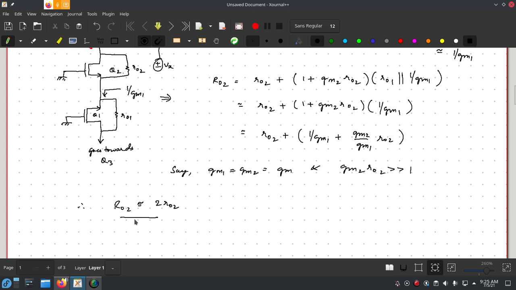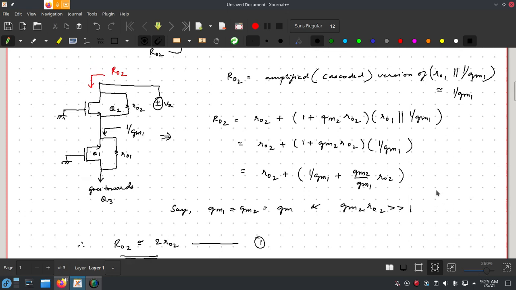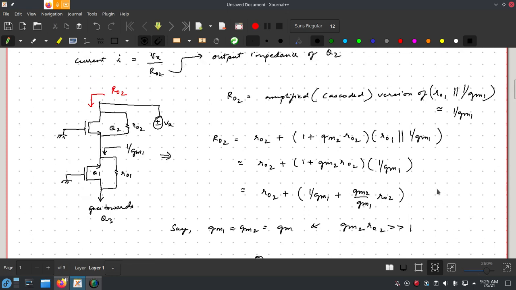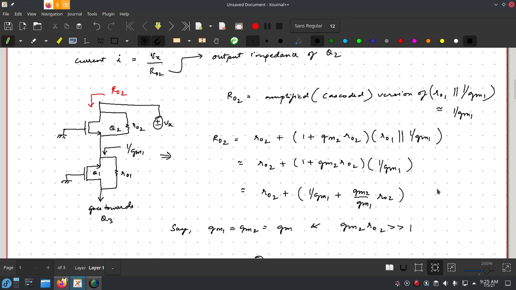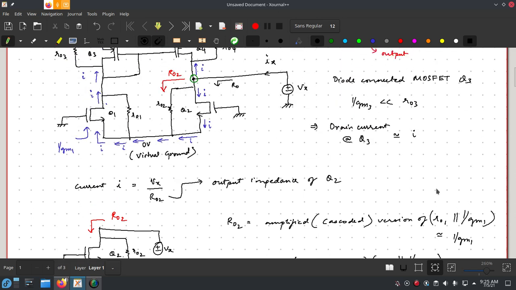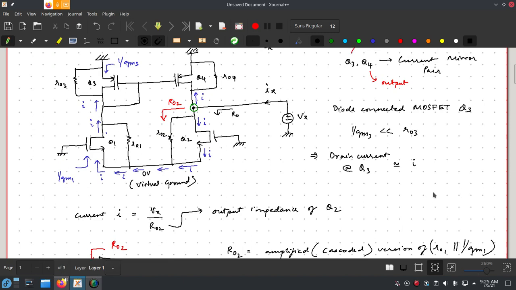I will call this equation B, because we will revisit this again. So capital R02 here is just 2 times small r02, that is the drain to source resistance of Q2.